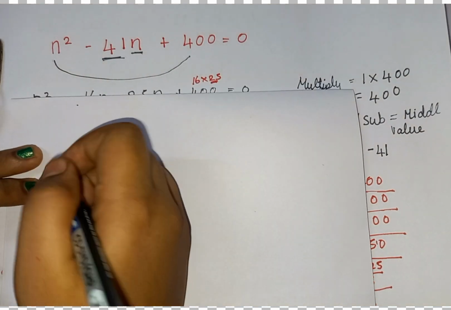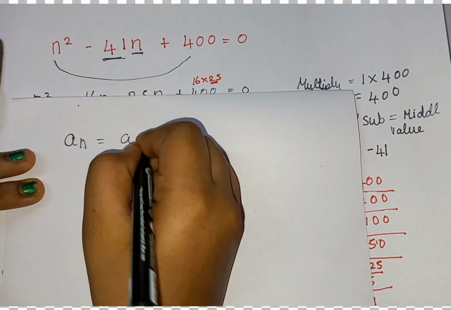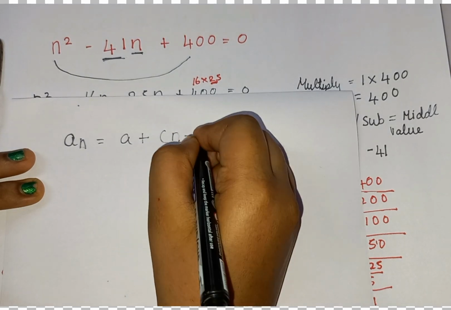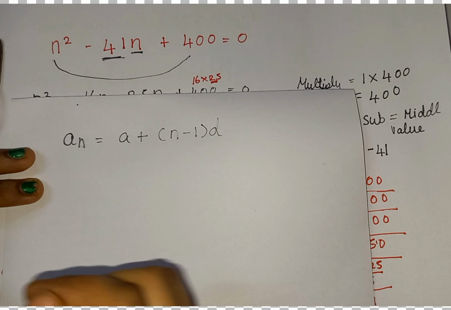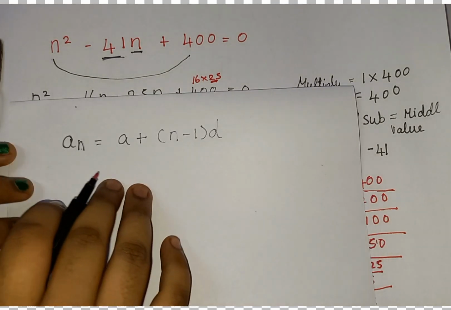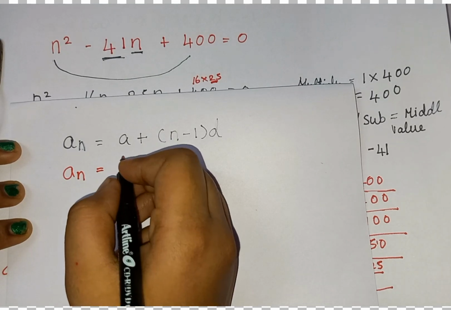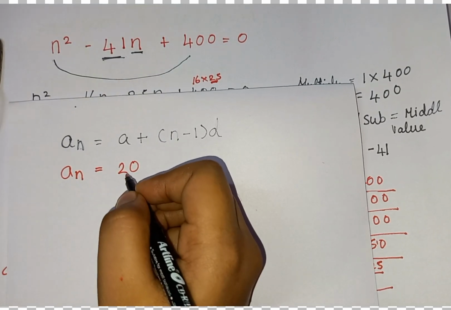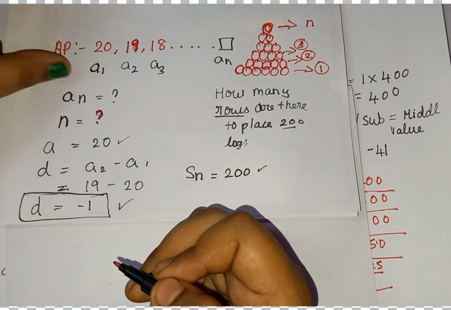Now I am going to use the an formula. An is equal to a plus n minus 1 into d. One second. Alright, so an we don't know, it is a question mark, is equal to a value, which is 20. You guys know, right? A is 20. Likewise we are going to be solving it.